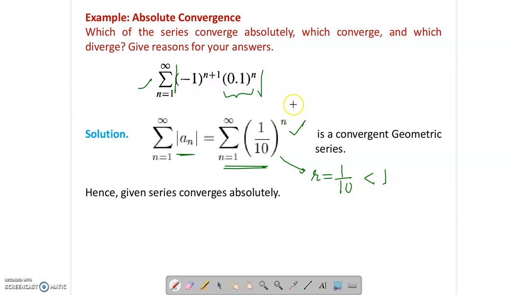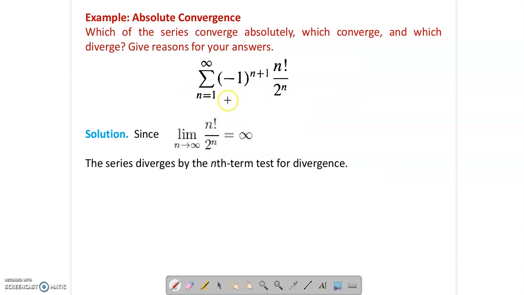So we say that this is a convergent geometric series. Since this is a convergent geometric series, we can conclude that this series converges absolutely. Or one can also write that this series converges, and hence it implies it converges. So we can say that the given series converges absolutely.